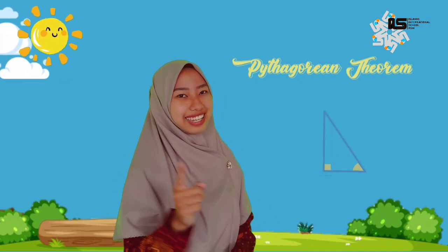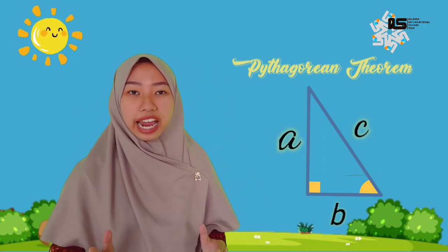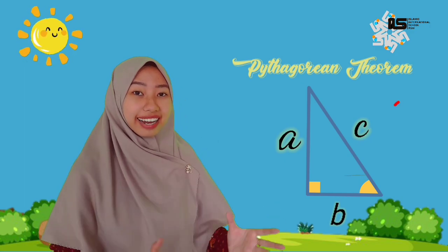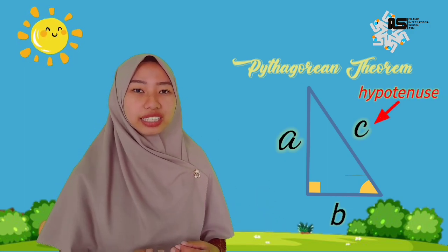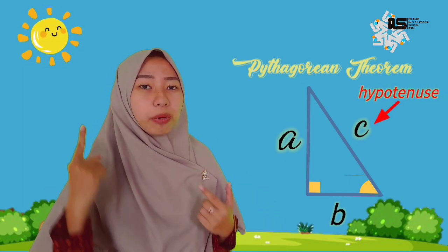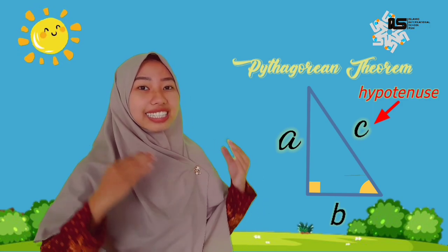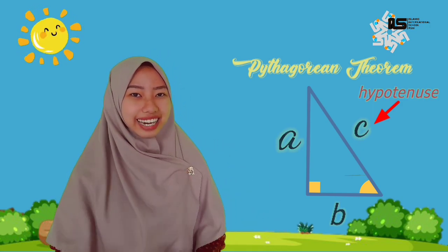Do you remember about the right triangle? Yeah, a triangle that has a right angle. A triangle has three sides, and the side opposite the right angle we call the hypotenuse. The hypotenuse is the longest side of the triangle.